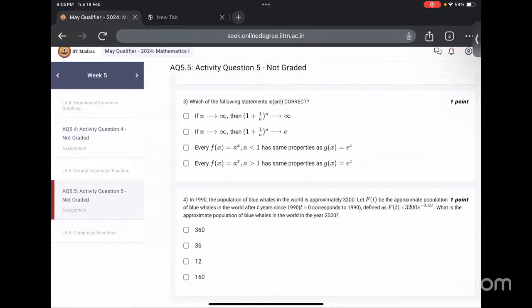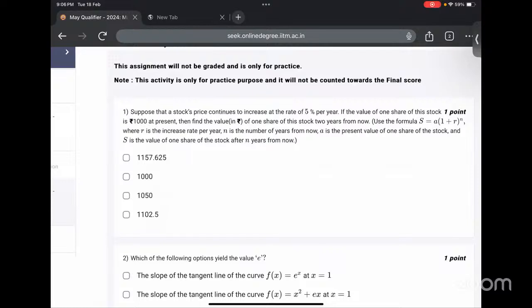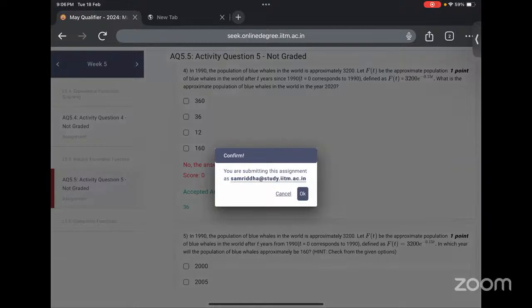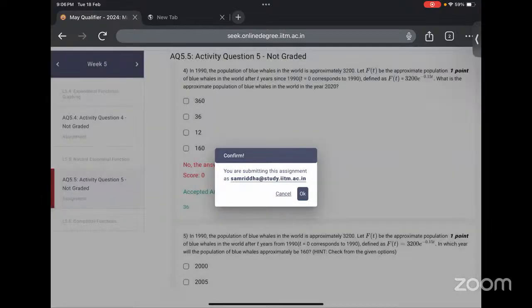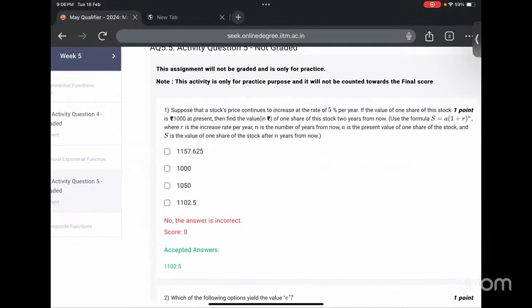First question of 5.5. It's simple maths; I solved it, but not using what we learned. 5% per year: 5% of 1000 is 50.